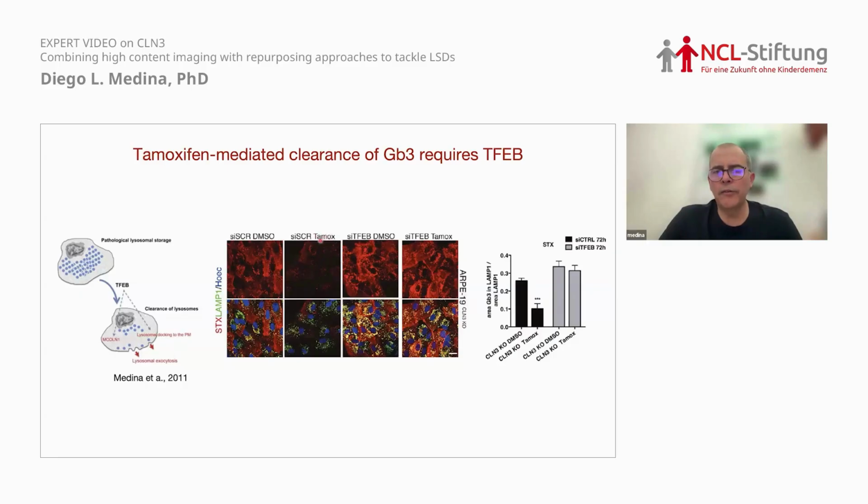The use of tamoxifen in these cells reduces the accumulation of GB3, as we demonstrated previously. But the silencing of TFEB using small interfering RNA restores the accumulation of GB3 even in the presence of tamoxifen, indicating that at least in part, the tamoxifen-mediated clearance of GB3 in CLN3 cells is due to the activation of TFEB.